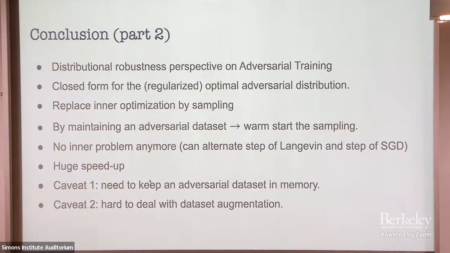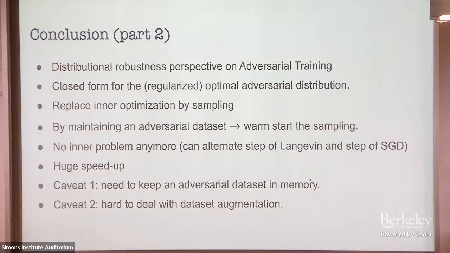Of course, there are 2 main caveats to this method. First, we need to keep an adversarial dataset in memory, so we need to maintain it, so it's more expensive. But at least in the case of CIFAR and MNIST, it's not a problem. And even in the case of ImageNet, we are working on some tricks to make it work, and we should at least have something that fits in memory. I don't know if it will train well, but we should be able to have some proxy for the adversarial dataset.